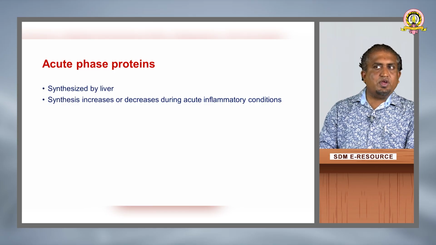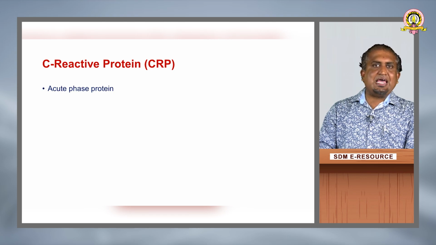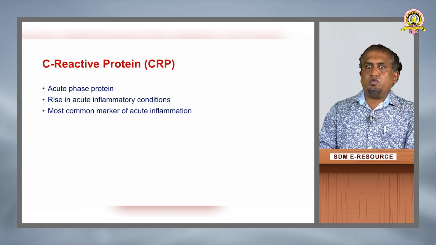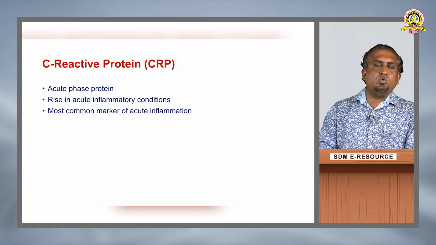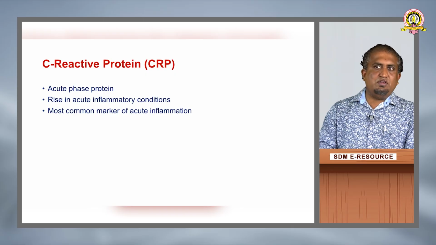Whenever we have an infection, it will lead to an increase of acute phase proteins. An example is C-reactive protein, an acute phase protein which rises in acute inflammatory conditions. It is the most common marker of acute inflammation, that is why when we have any infection or inflammation, we check for the C-reactive protein.